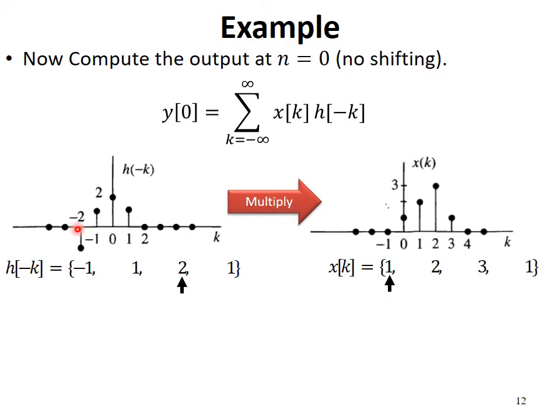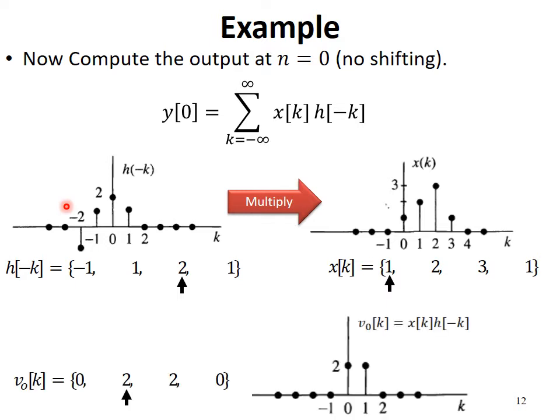So for example, at minus 2, in x of k we don't have any sample, it means there is 0. So minus 1 would be multiplied with 0, it would be 0. Similarly 1 would be multiplied with 0, then 2 would be multiplied with 1, and 1 would be multiplied with 2, and similarly 3 and 1 would be multiplied with 0. So basically you will get 2 non-zero samples, and other than that all the samples would be 0.